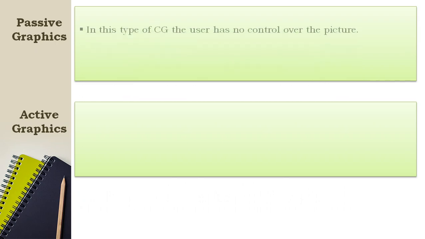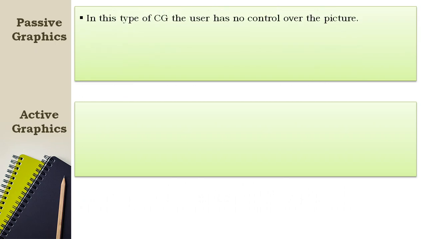There are broadly two categories of computer graphics. One is passive and second is active. What is the meaning of passive graphics? In this type of computer graphics, the user has no control over the picture.